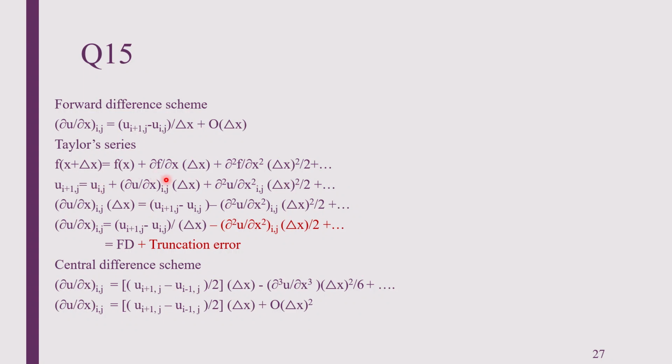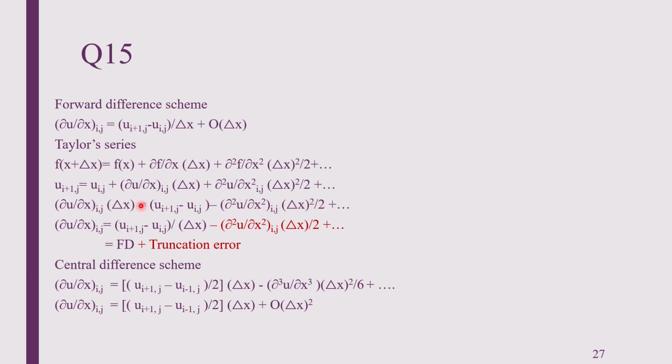And here we are leaving out this term, that is ∂u/∂x at (i, j) into delta x, and we are taking all the rest of the terms to the right hand side, that is u(i+1, j) minus u(i, j) minus ∂²u/∂x² at (i, j) delta x squared by 2.